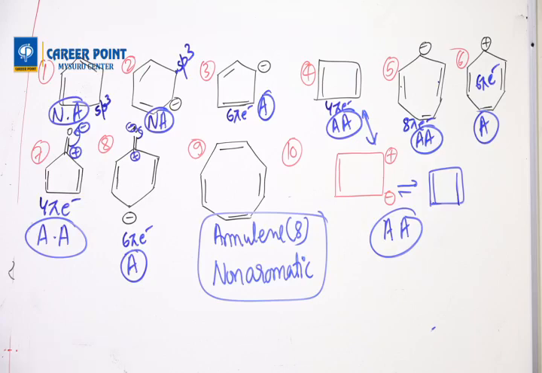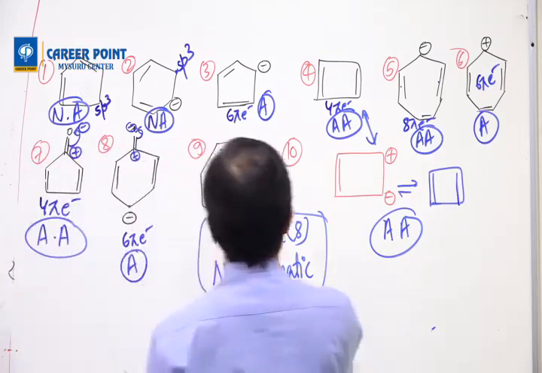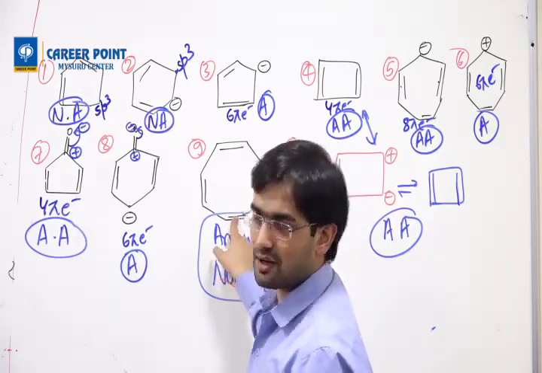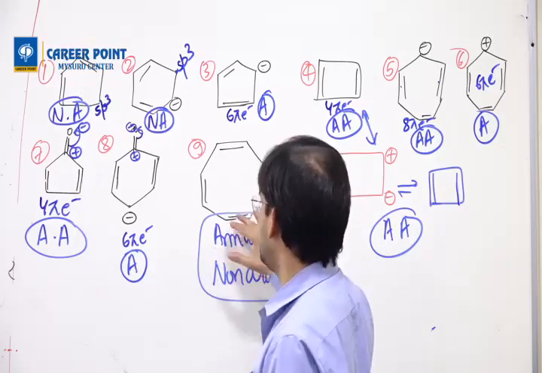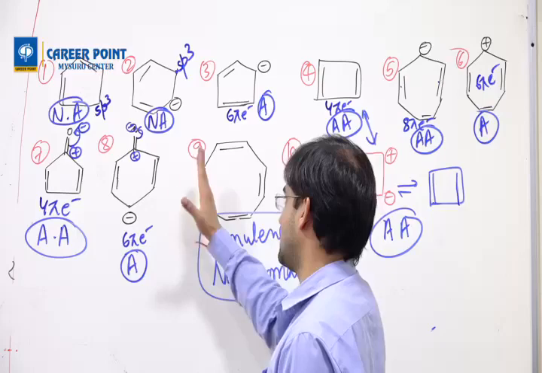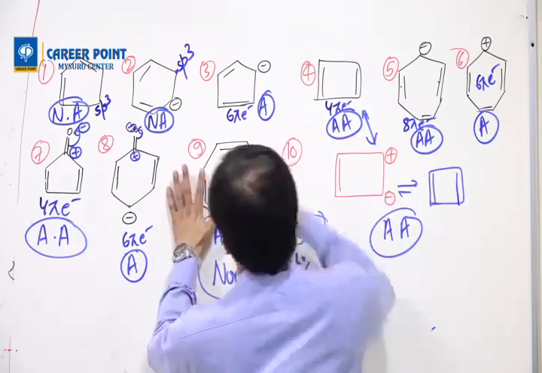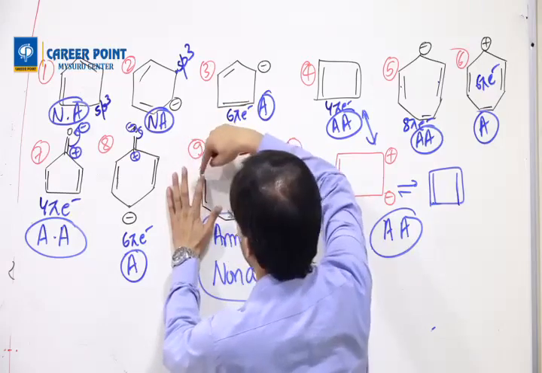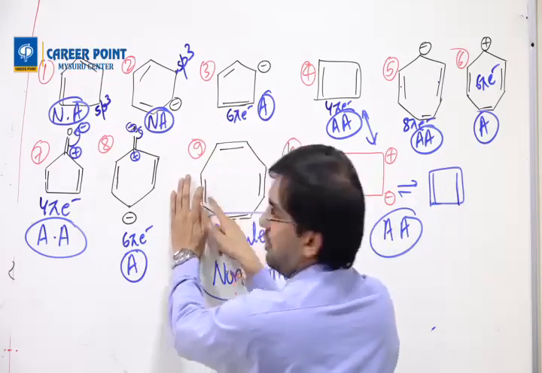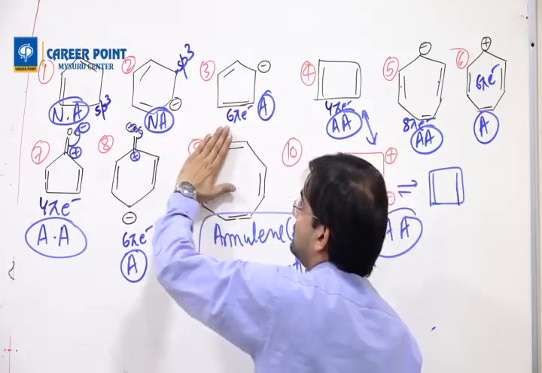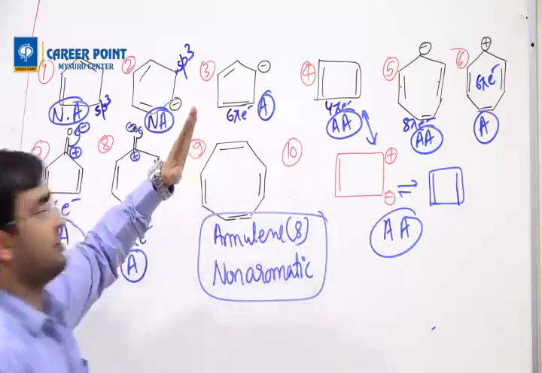Okay, done. So that's why the ninth one is non-aromatic. What happens is, as you have more than 3 double bonds, when you do sp2 hybridization, around this bond you can rotate this whole structure because there is one hydrogen. So when you keep a double bond here, this bond comes outside here.